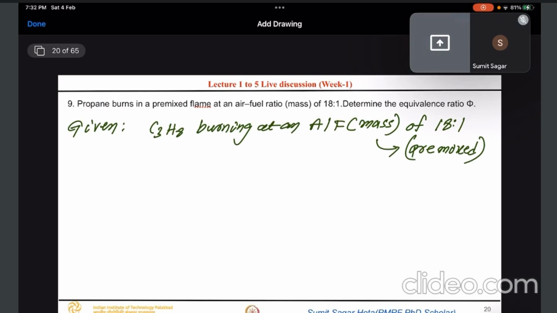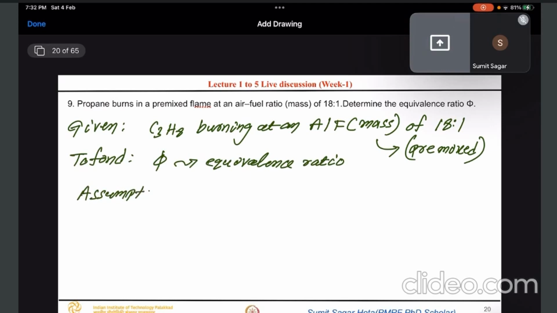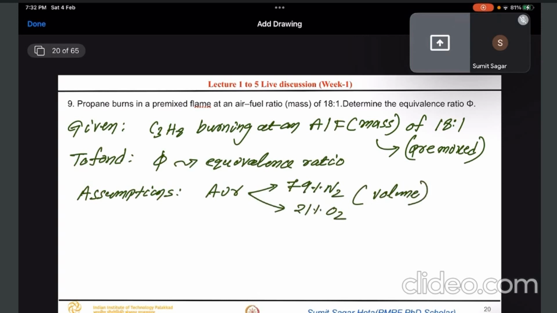To find here, we have to find phi. What is phi? Phi is the equivalence ratio. Again, same assumption I will put. C3H8.